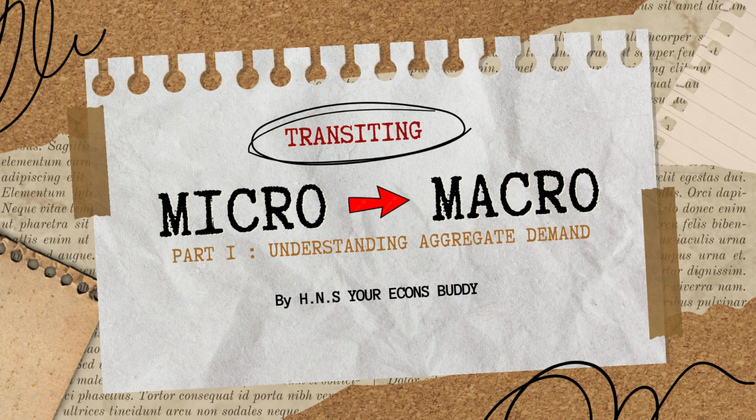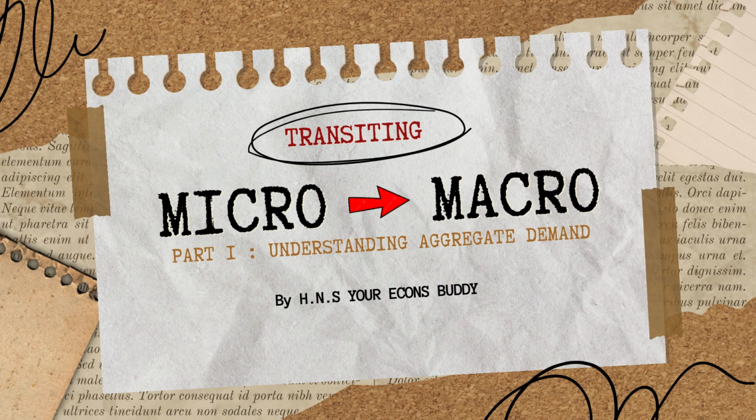Okay, this video is mainly targeted towards JC1 students and it's about transiting from microeconomics into macroeconomics. Yeah, I'm not saying JC2 students should not watch this video. Yes, please go ahead and watch this video as this will give you the basic understanding of the fundamentals of macroeconomics.